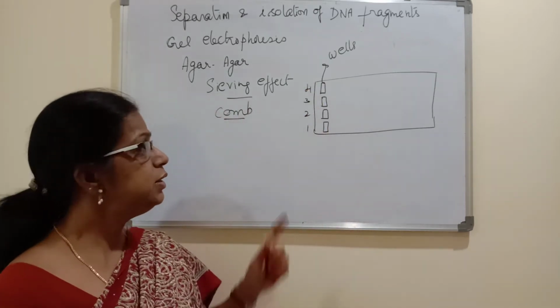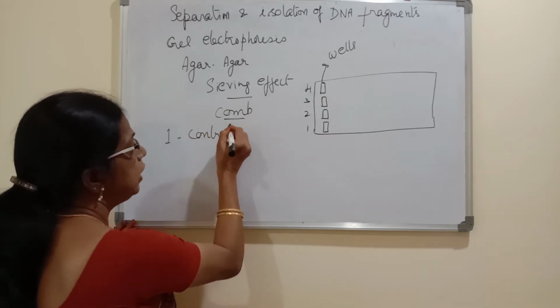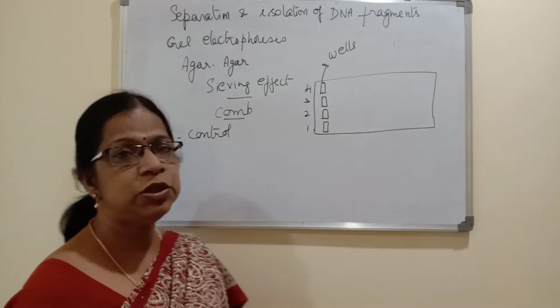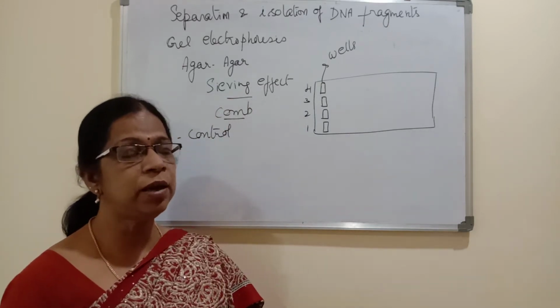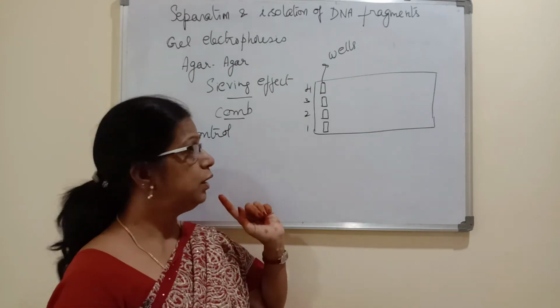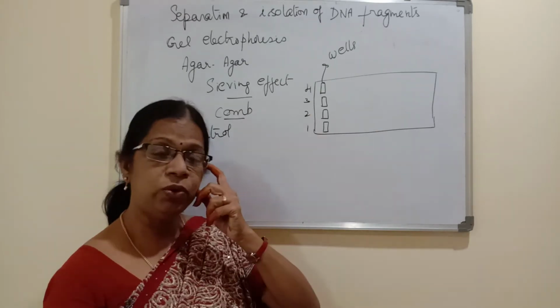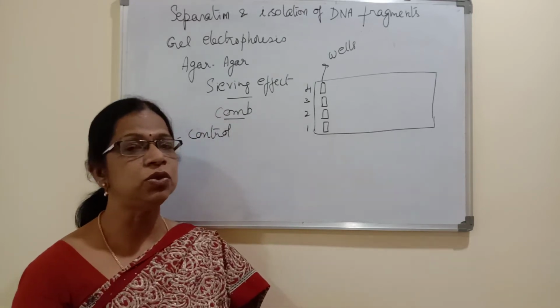The first well is taken as a control, which means no restriction enzyme is used; only the DNA mixture is put in this first one. In the second, third and fourth, DNA mixtures treated with different restriction enzymes are used.